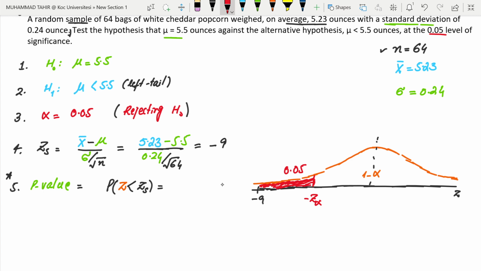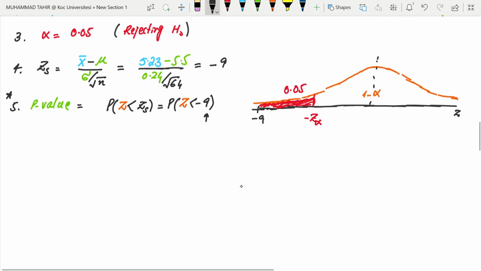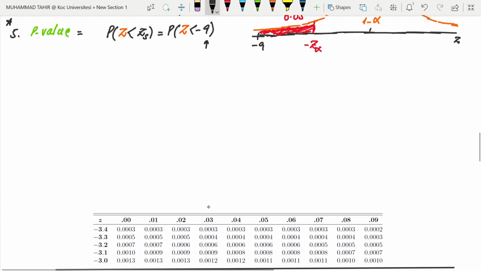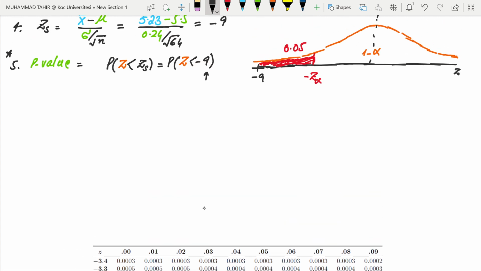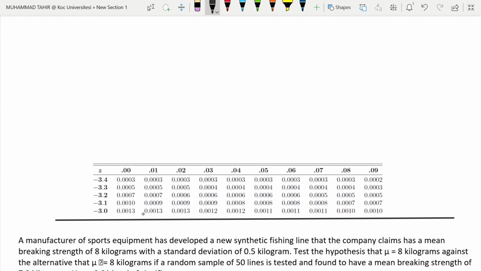So what this probability is, I can calculate from the table: z less than -9. Now I have to look at the z table, that is, find the area corresponding to the z value, so I need to find -9. But if you see, this is the z table, and the minimum value I have in the z table is -3.4, but I need -9.